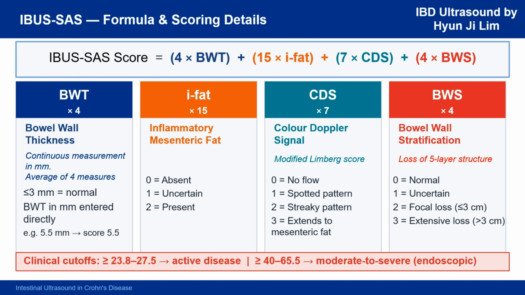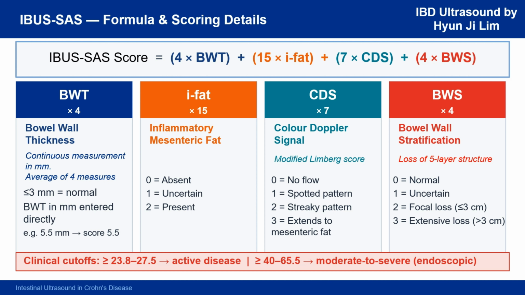And the wall stratification 0 to 3, from normal to focal loss under 3 cm to extensive loss beyond that. Notice that IFAT carries the heaviest weight at 15. As for interpretation, roughly 24 to 27 and above indicates active disease, and 40 or higher correlates with moderate to severe endoscopic disease.